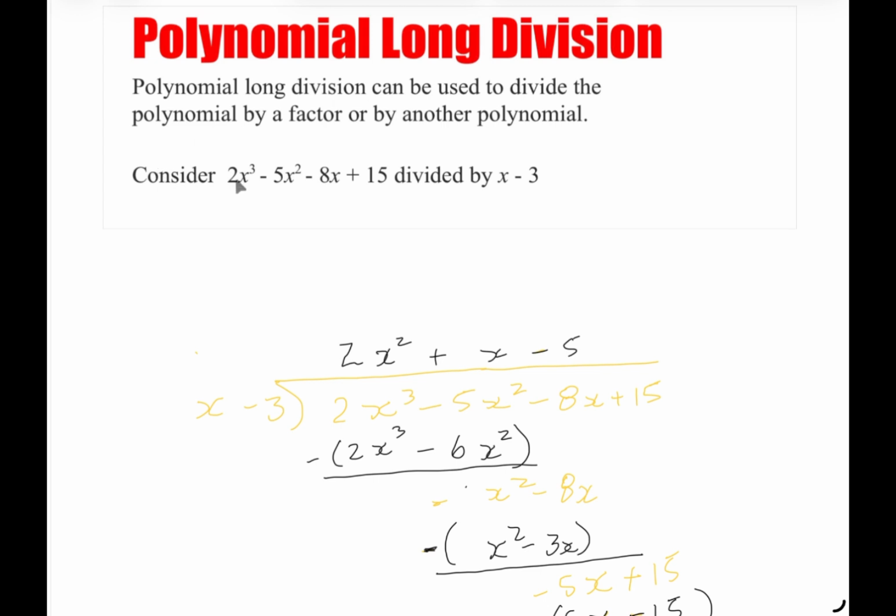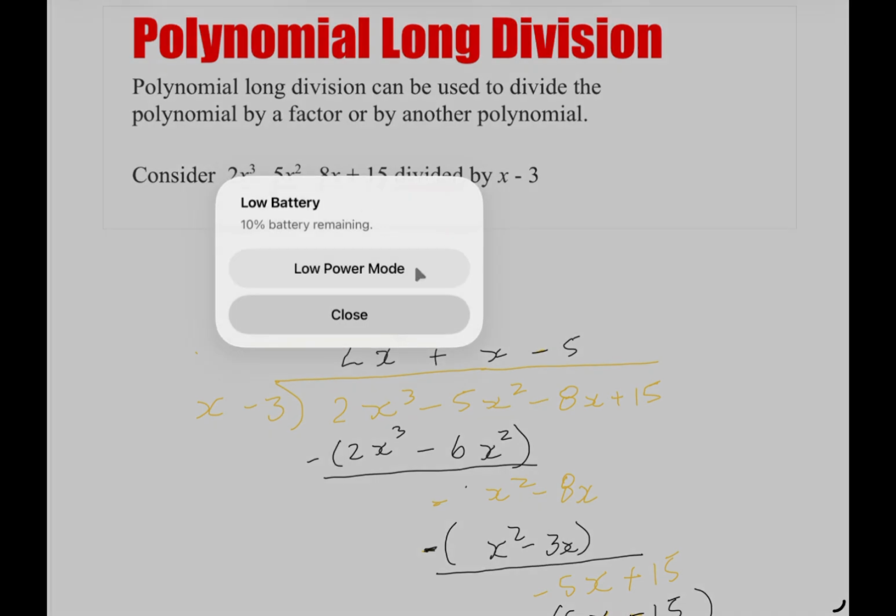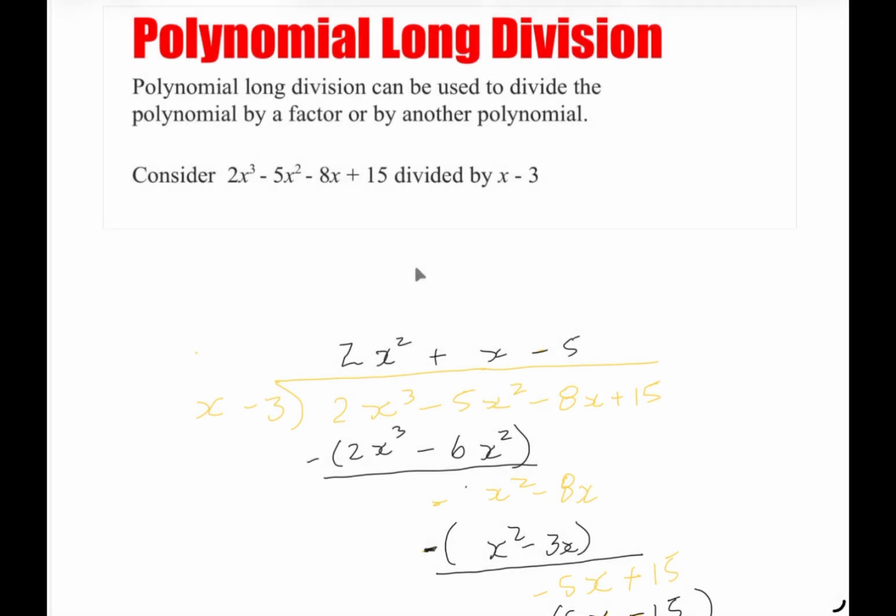So let's consider 2x cubed minus 5x squared minus 8x plus 15, divided by x minus 3. Just as we divided with numbers only, dividing polynomials using long division, we're going to follow the same principles of divide, then multiply, and then subtract and bring down.